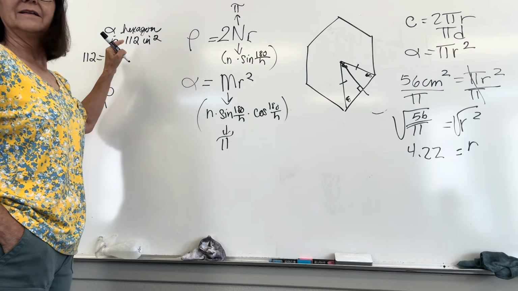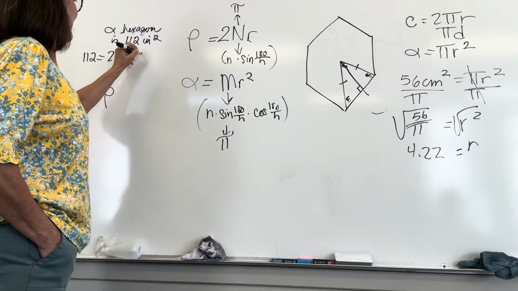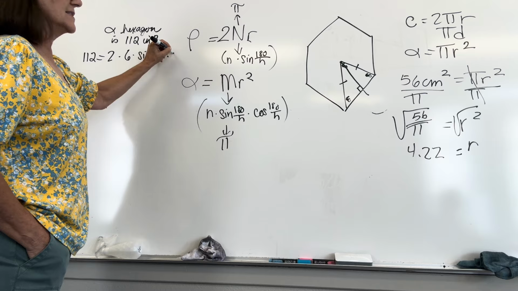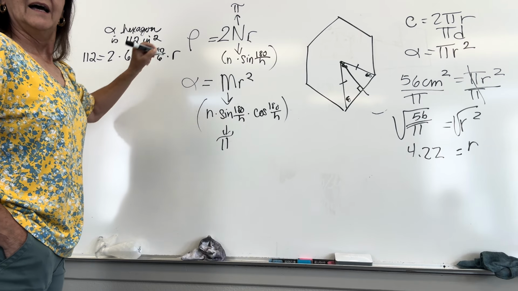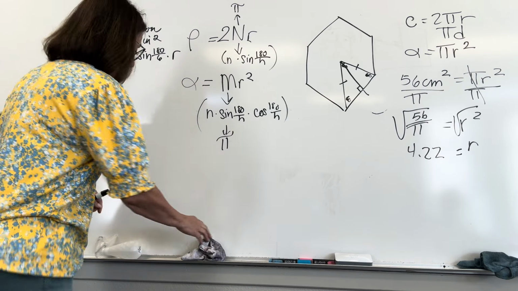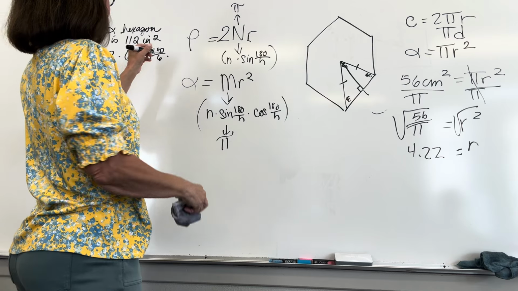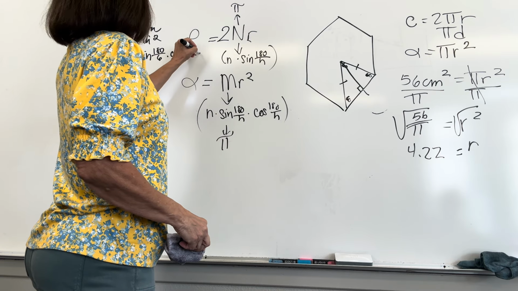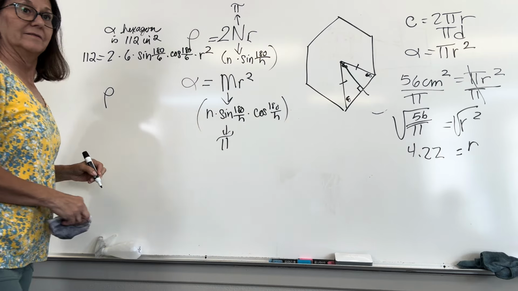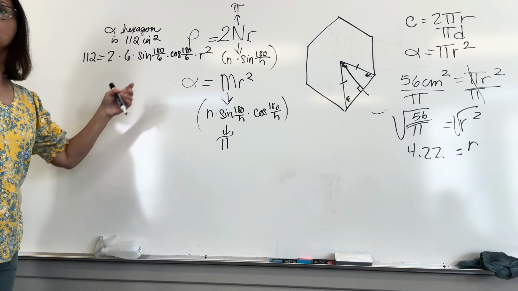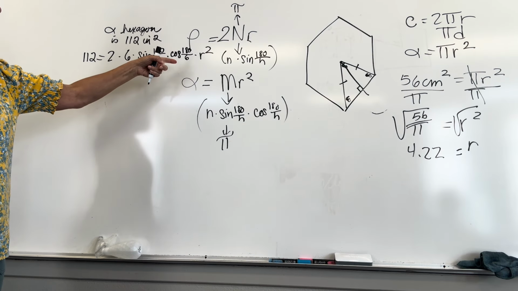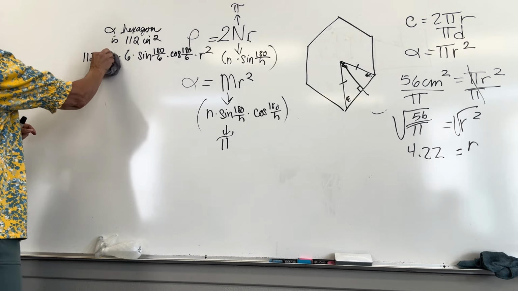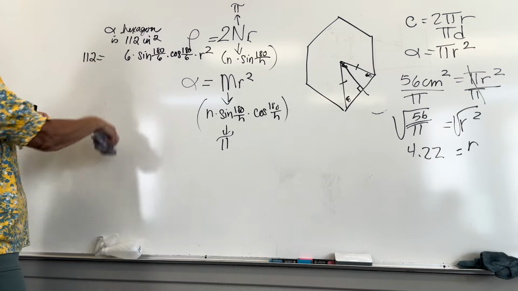It's a hexagon, 6. 6 times the sine of 180 over 6, times the cosine, yes, times the cosine 180 over 6 times r squared. So I need to use this to solve for r. Well, then you don't need the 2. That's right, this is area. Don't do the 2, I went to perimeter.